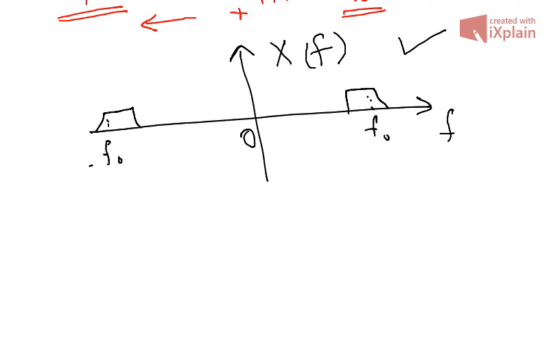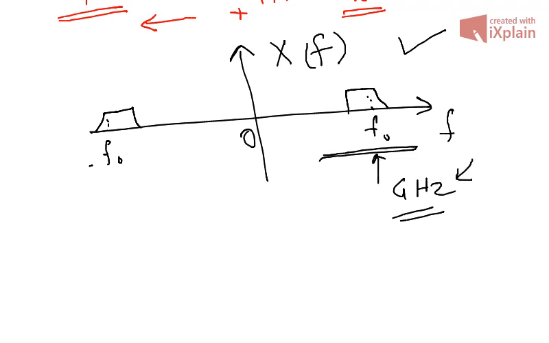So the receiver receives this passband signal. It's a real signal, and usually this f0 is a very high frequency, you can say in gigahertz. Your electronics does not usually work at such a high frequency.